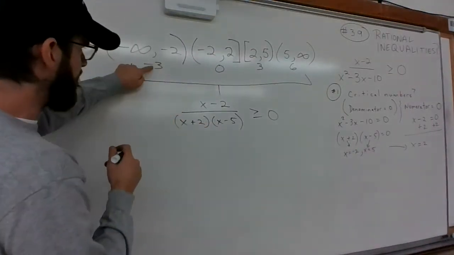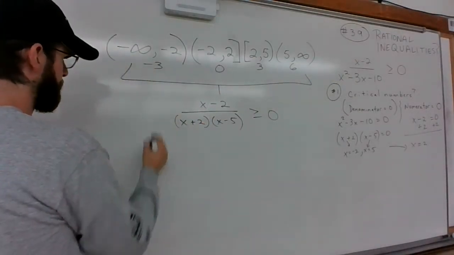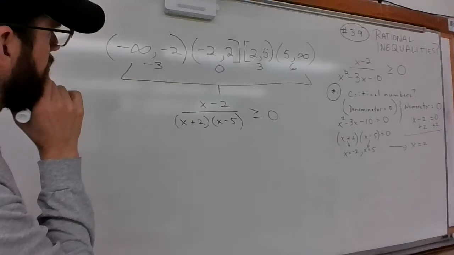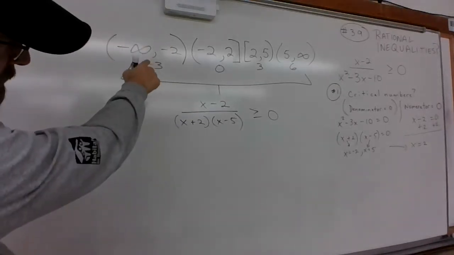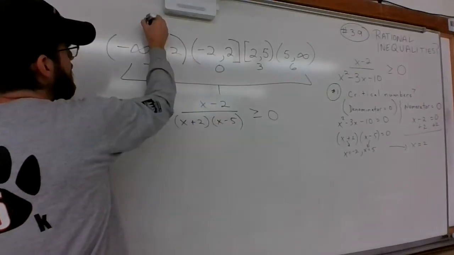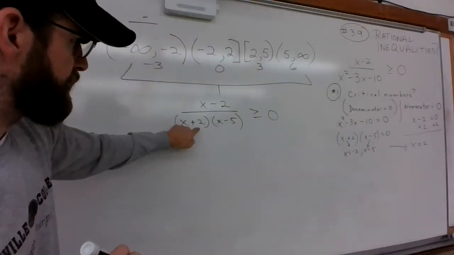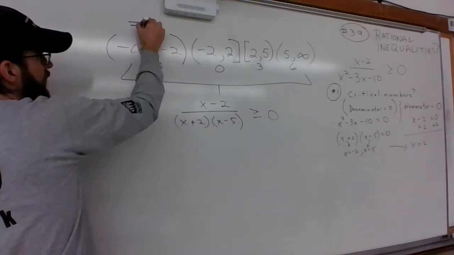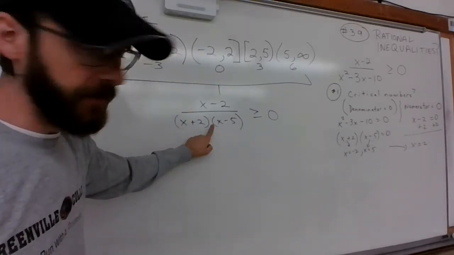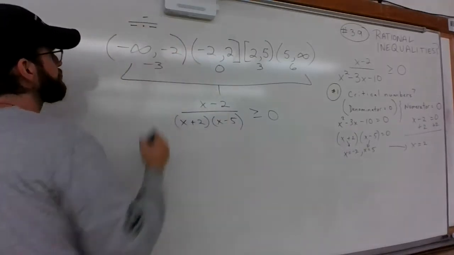So I plug negative 3 into negative 3 minus 2. I get a negative number. I'm going to put it above because I created this mess below. So it's a negative divided by negative 3 plus 2, a negative, times negative 3 minus 5, another negative.